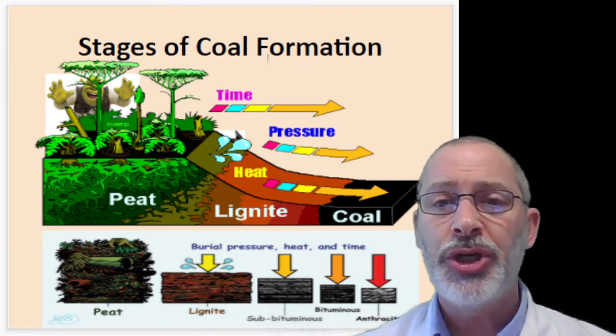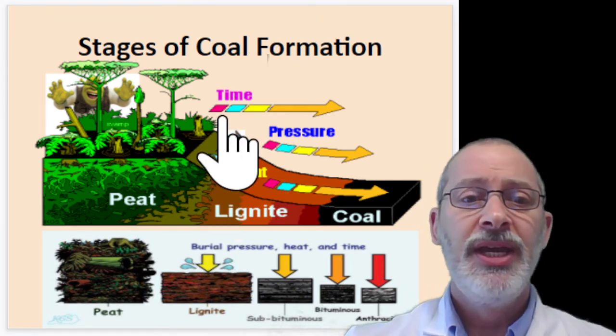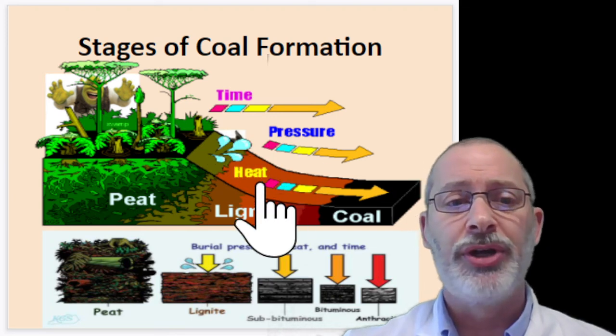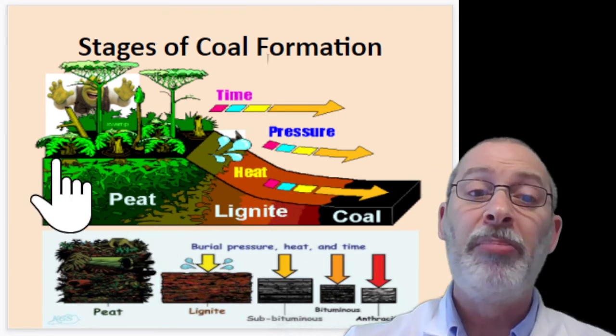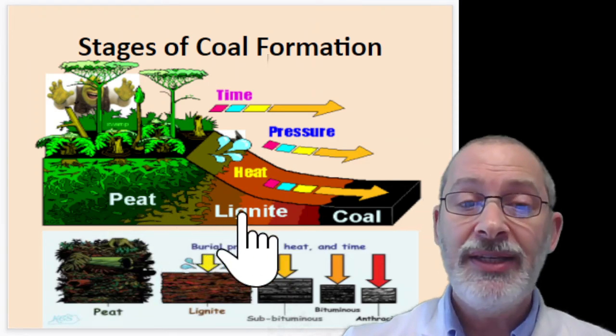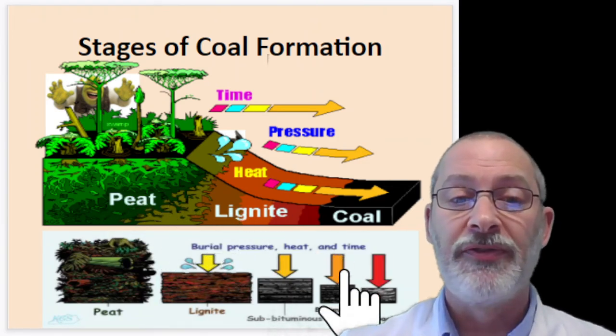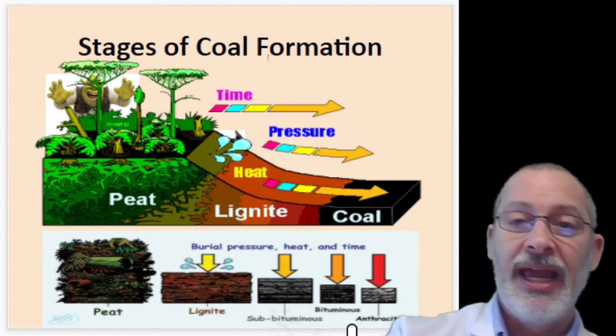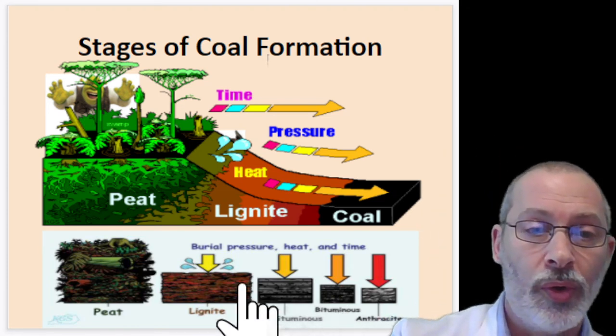This is a great little picture which illustrates factors, time, pressure, and heat, and goes from peat, and I won't repeat that, to lignite, to the different types of coal, the bituminous and the anthracite coal.